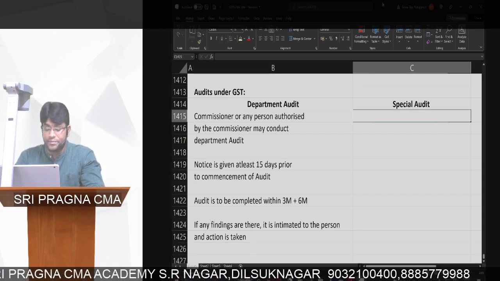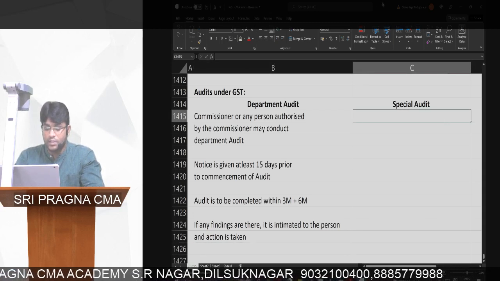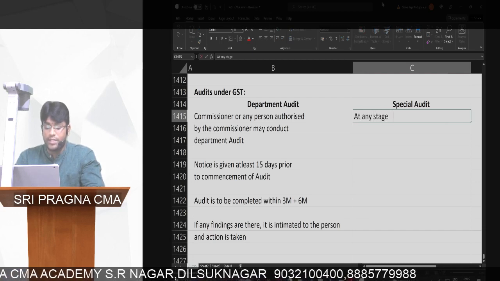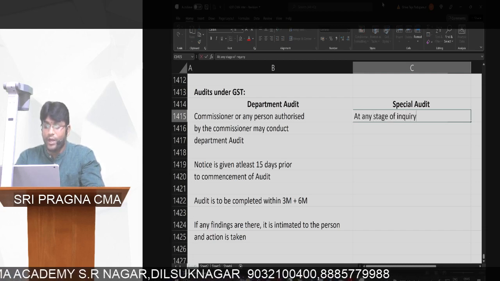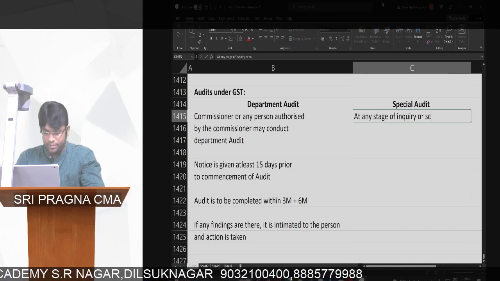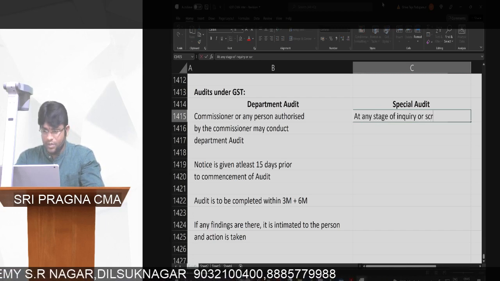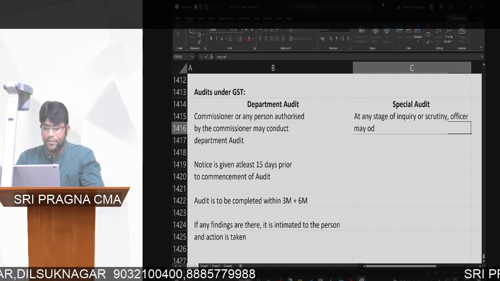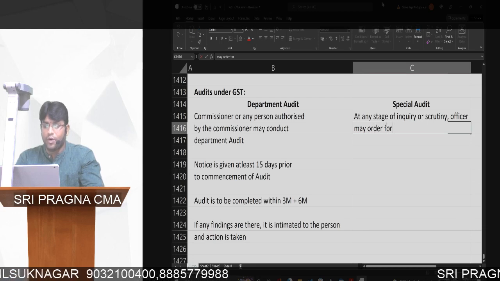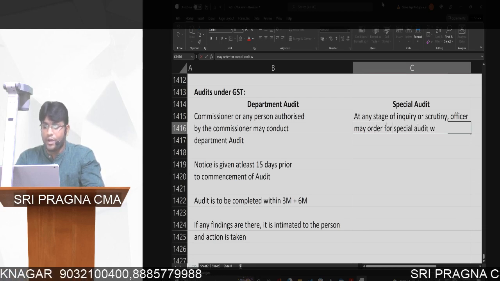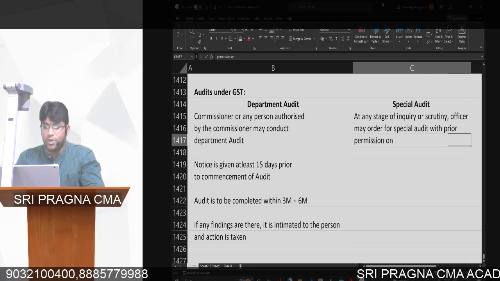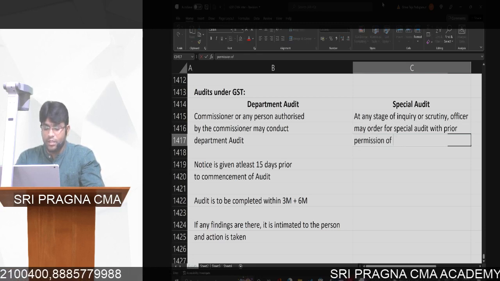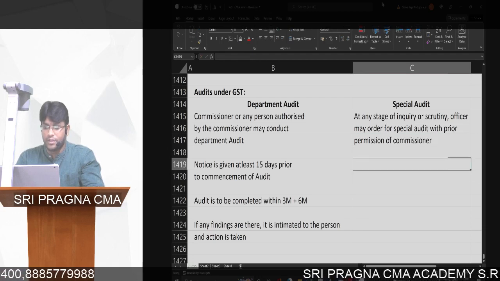Special audit. At any stage of inquiry or scrutiny, the officer may order for special audit with prior permission of the commissioner.